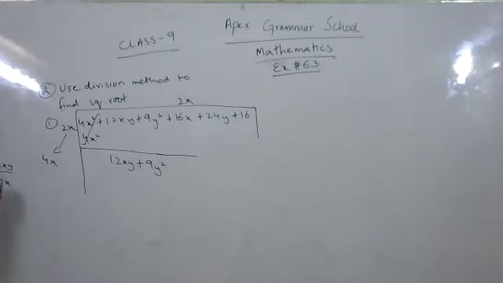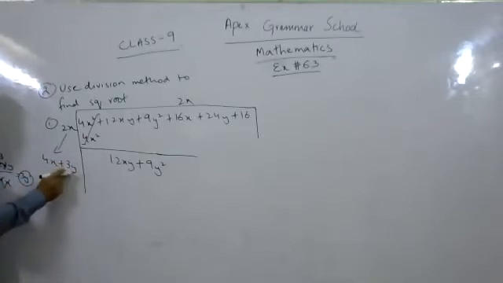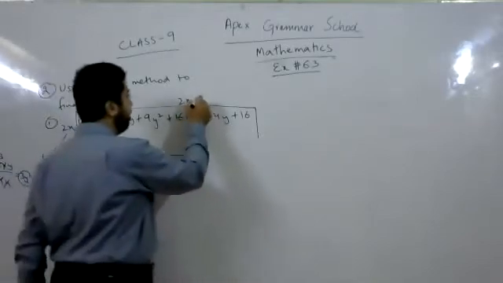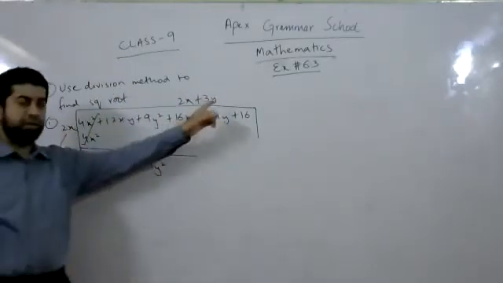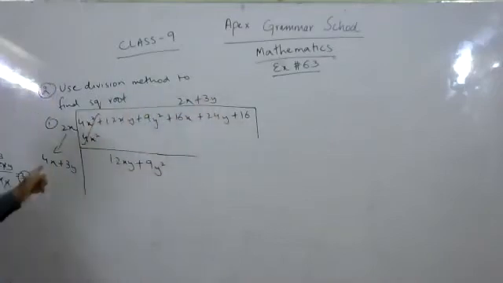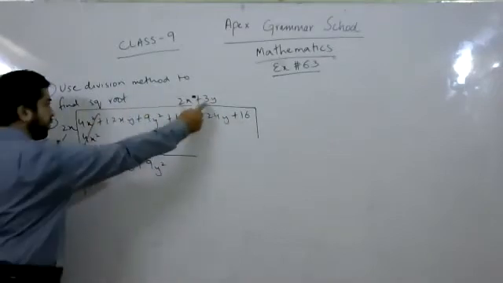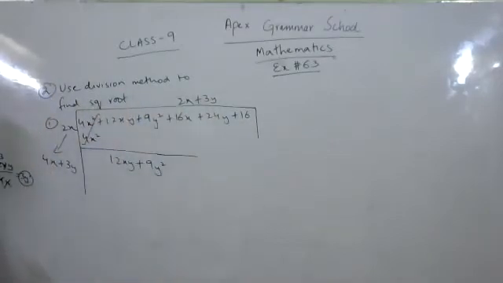Now divide: x cancels with this x, 4 times 3 is 12, and you are left with 3y. This 3y with a positive sign will be here, and also this 3y will be here. Now this 3y we are going to multiply by this 4x, that is 12xy.